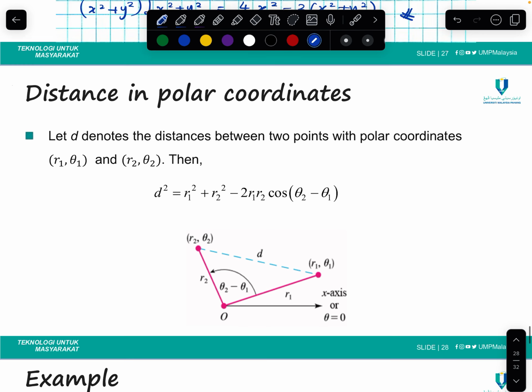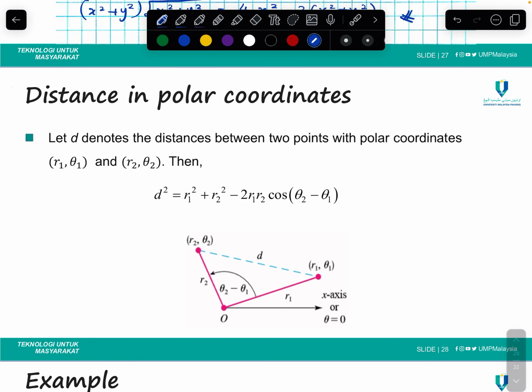Okay, next concept is the distance in polar coordinates. How to calculate the distance? Let D denote the distance between 2 points in polar coordinates, denoted R1 theta 1 and R2 theta 2. Then, to calculate the distance, we use cosine law.